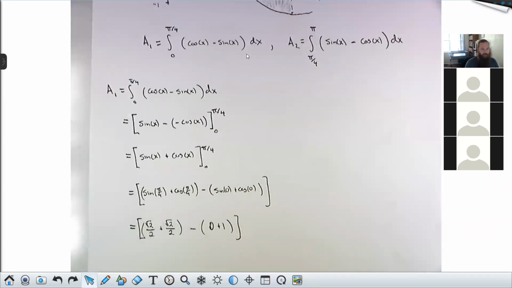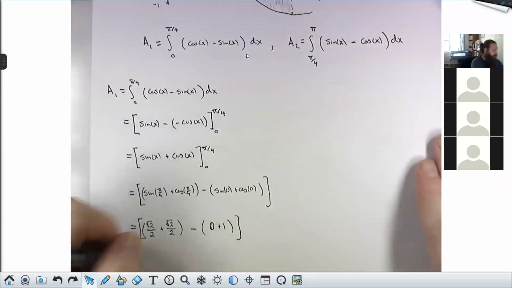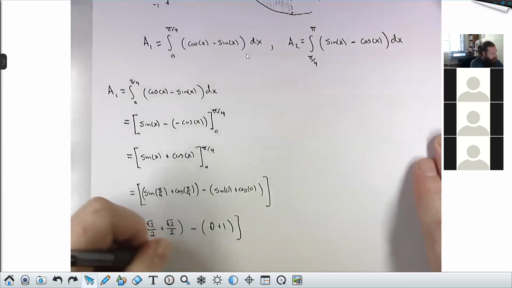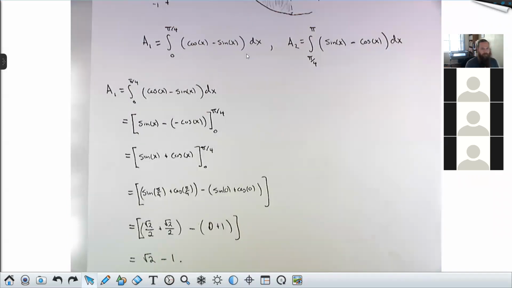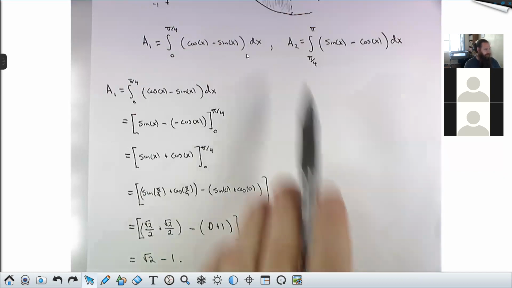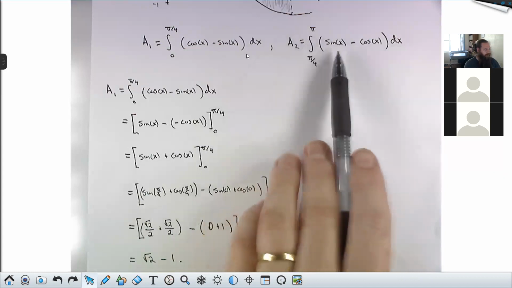Root 2 over 2 plus root 2 over 2 is 2 root 2 over 2. It's just the square root of 2. So this is the square root of 2 minus 1. That's it. The area A2 now is the integral from pi over 4 to pi of sine x minus cos x.